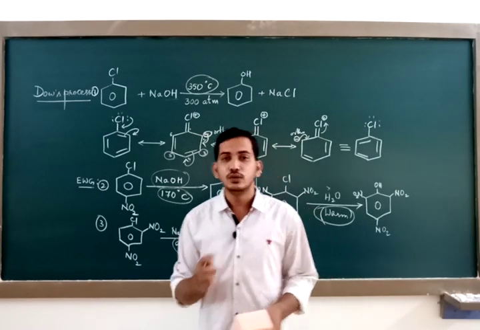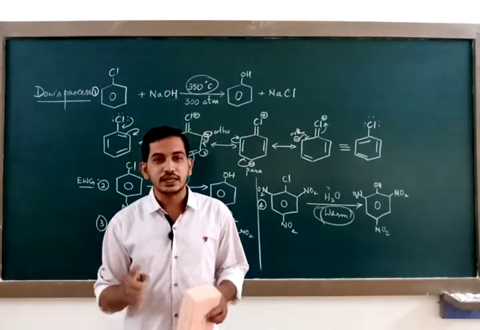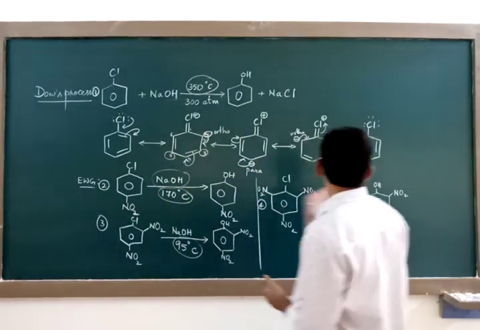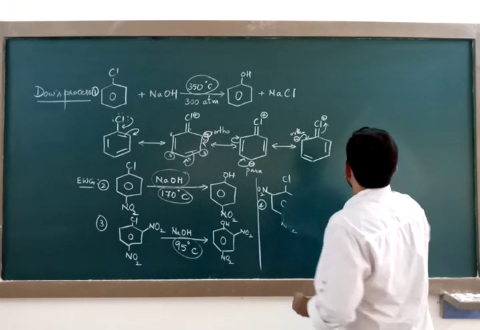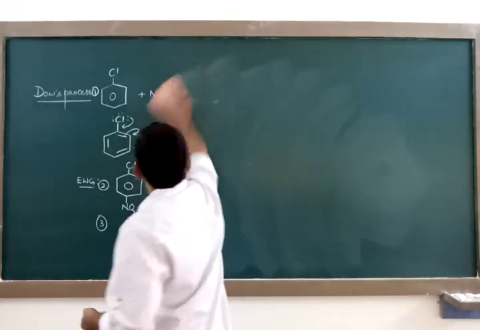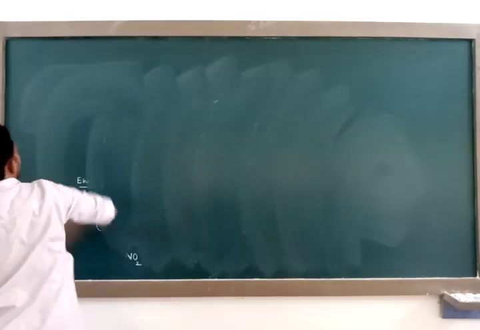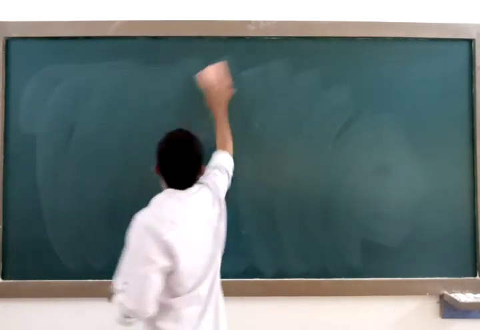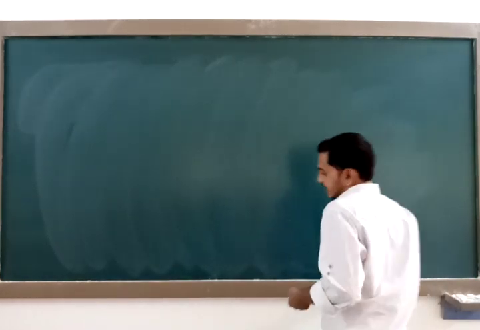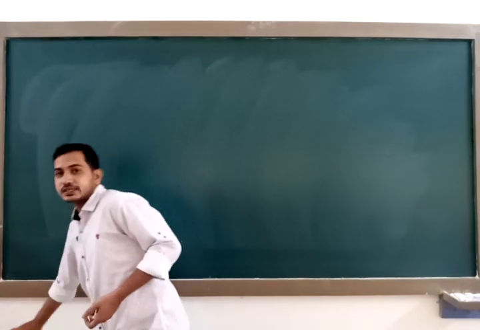This was about nucleophilic substitution reactions of haloarenes. Now we shall see the second set of reactions they undergo, that is electrophilic substitution reactions. Electrophilic substitution reactions of haloarenes. You might have studied about electrophilic substitution reactions and their mechanism in your first year syllabus.